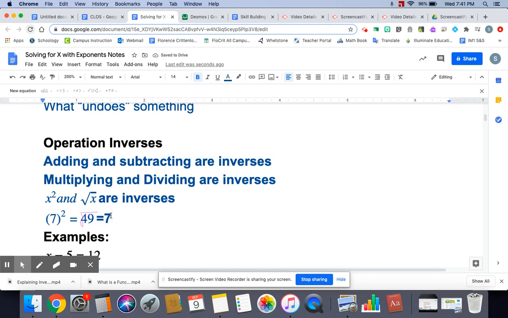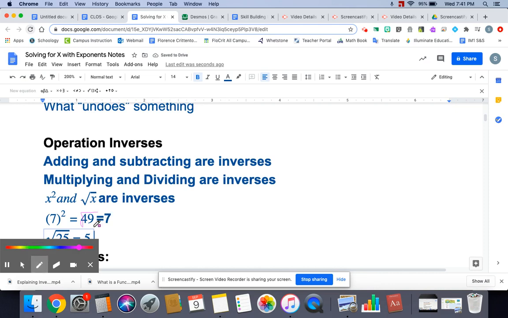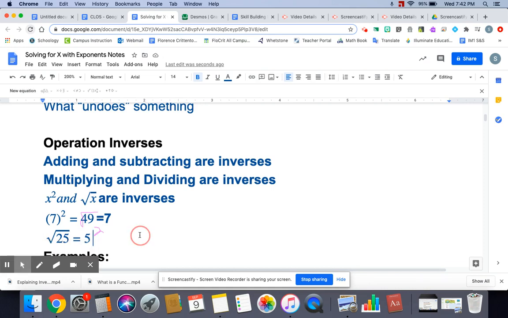It goes back. Same thing if I reversed that. If I have the square root of some number, like the square root of 25, square root of 25 is 5. But then if I were to square 5, it would go back to being 25 because 5 times 5 is 25.